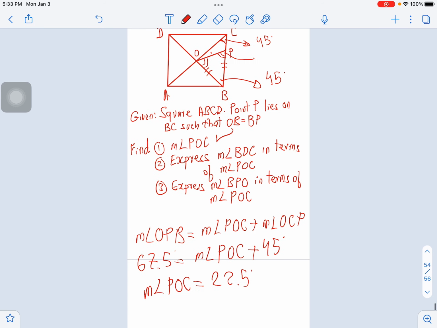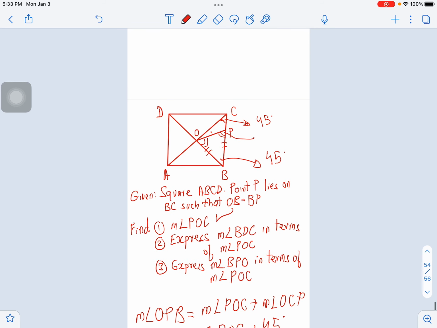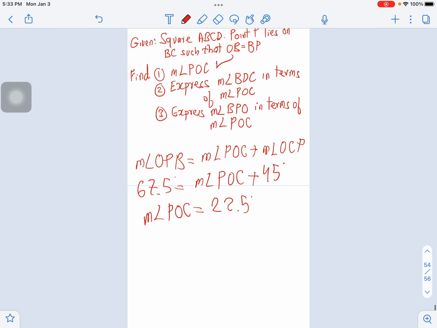Let's now proceed to find the measure of angle BDC. BDC is a 45 degree angle because, as we said earlier, each of the angles of a square get bisected by the diagonals, and therefore BDC becomes 45 degrees. And if I want to express that in terms of measure of angle POC, what do I get?